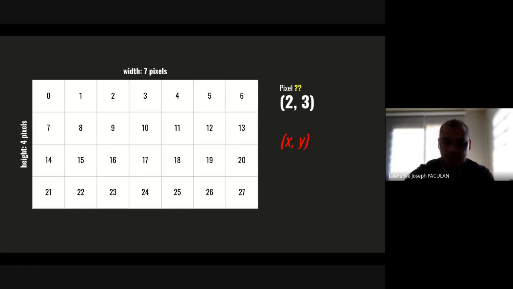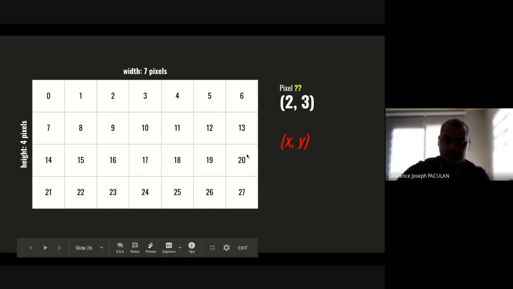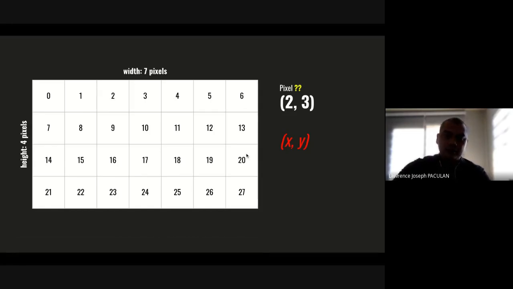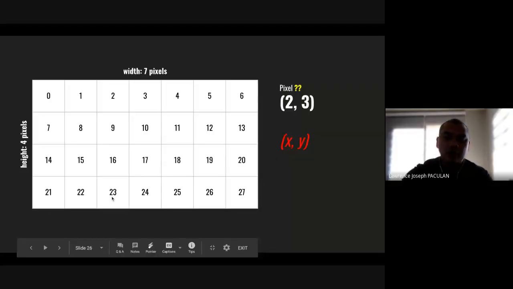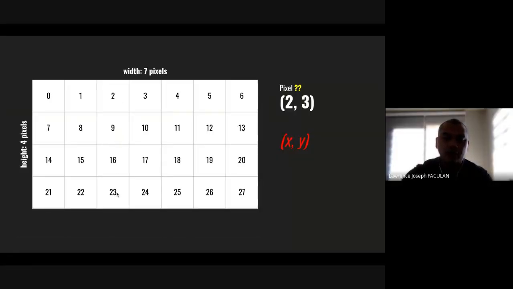The numbers you can see here in the grid are the indices. So x is on column 2: 0, 1, 2. It's around here. It's either 2, 9, 16, or 23. And the row is 3: 0, 1, 2, 3. So the pixel is 23. Or the index is 23.